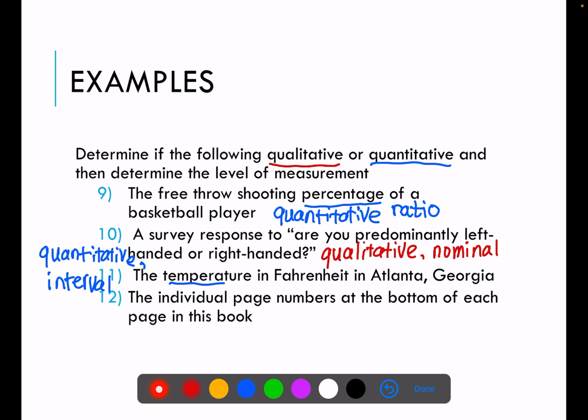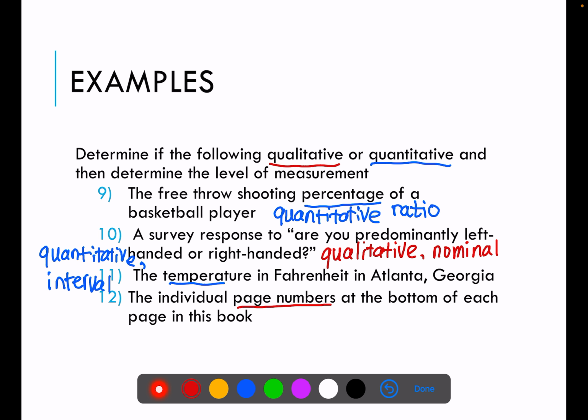Next, the individual page numbers at the bottom of each page of our textbook. So you're talking about a page number. Yes, you will see a number, but a page number is just a category, where you're giving it page 1, page 2, page 3.